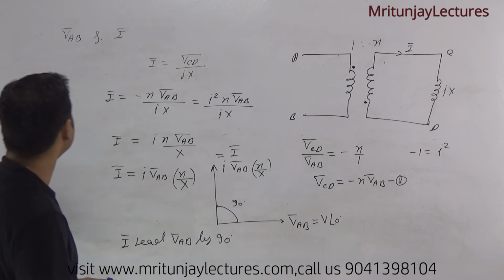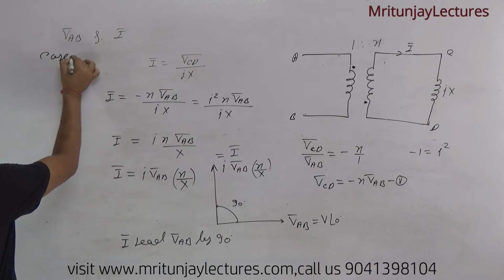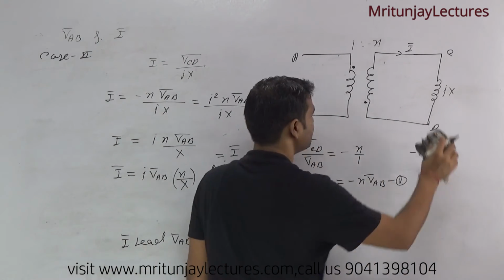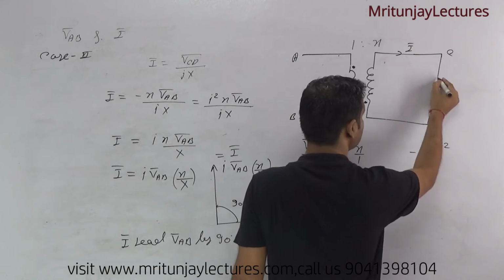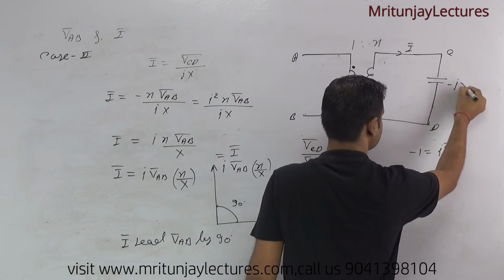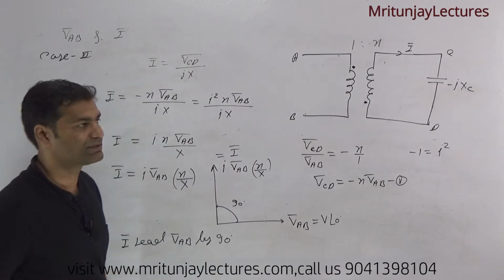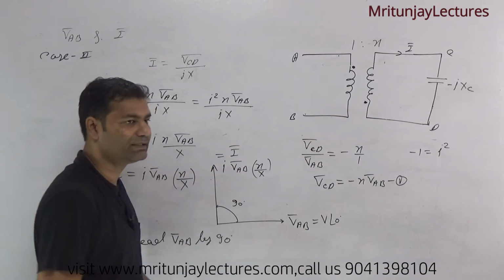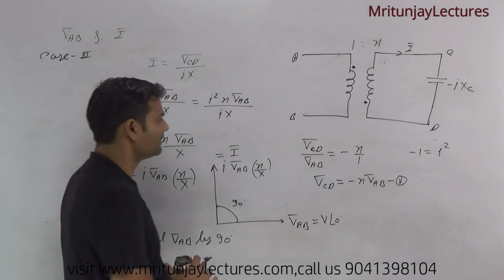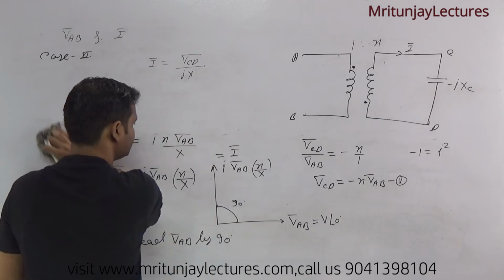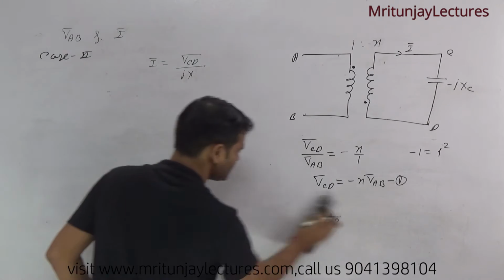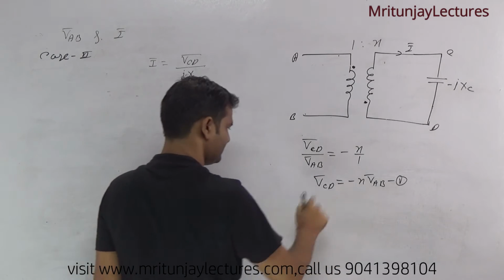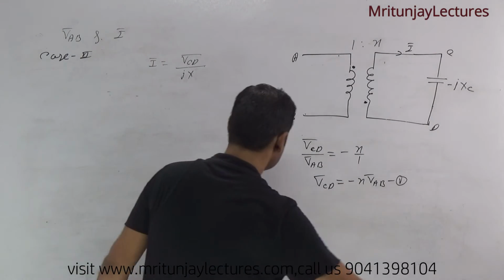Now case second. Suppose that this one is minus jXC, a capacitor, pure capacitance. In this case, what is the relation between I and V of AB? Clear? The dot is the same, so the relation between V of CD and V of AB is as before.